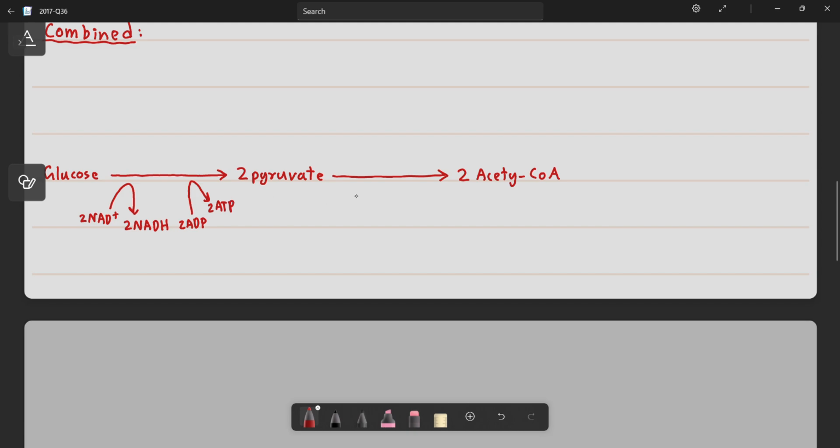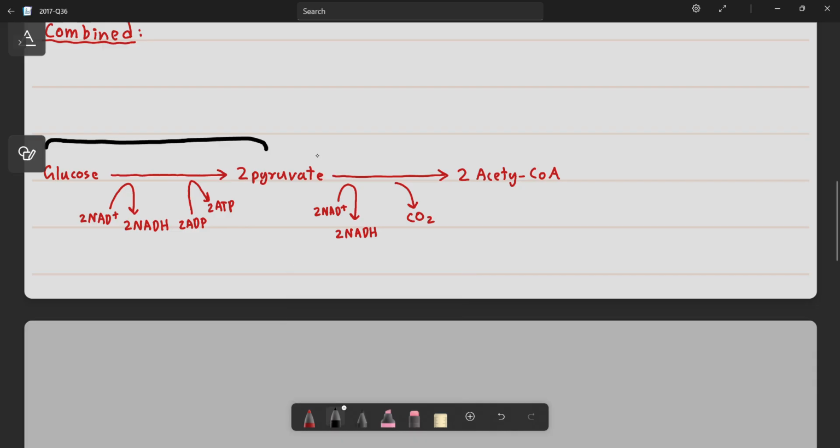Okay, and for the pyruvate reaction, it is 2 NAD plus and 2 NADH. Okay, so this also produces carbon dioxide.